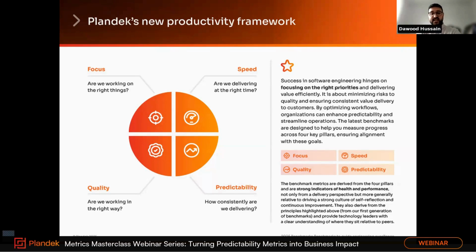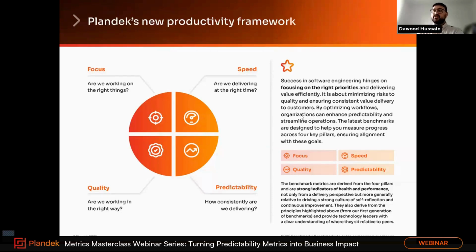But the one we're focusing on today is predictability. Can teams deliver what they plan when they plan it? And that is the focus of today's session. So the pillars altogether provide a balanced, data-driven framework to assess team performance holistically. So it enables better decision making across engineering and delivery leadership.